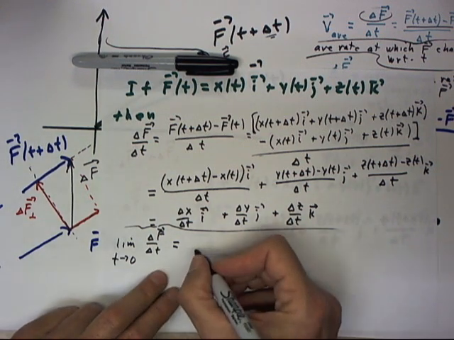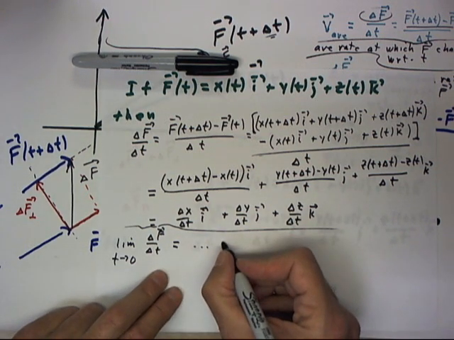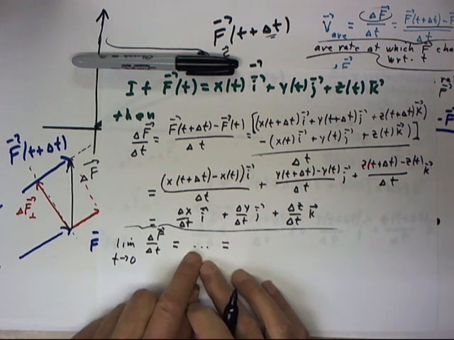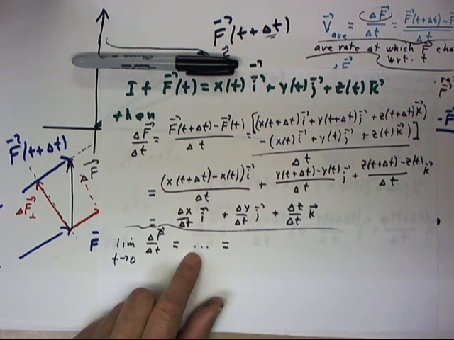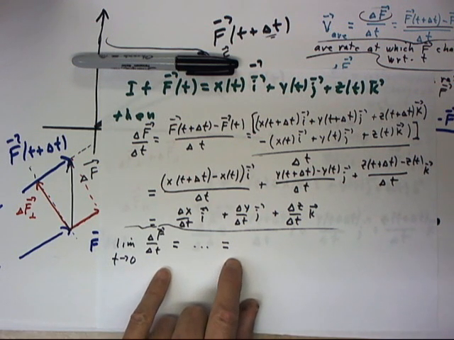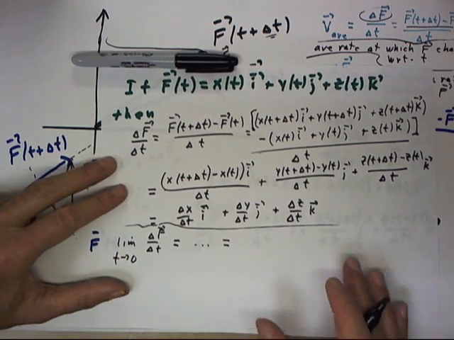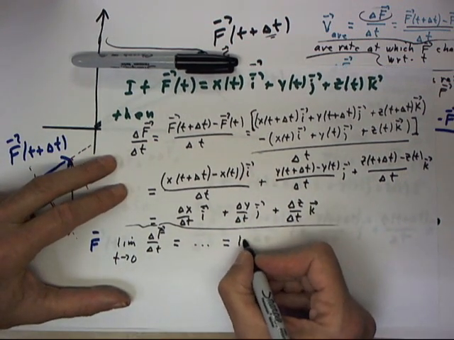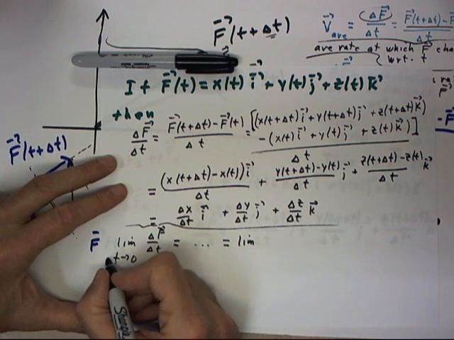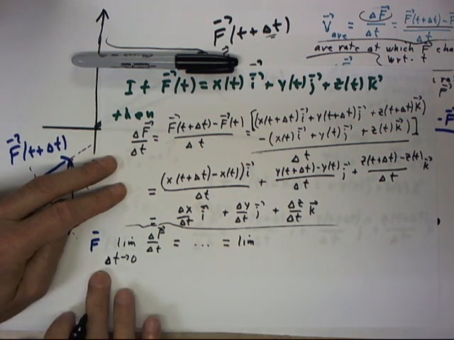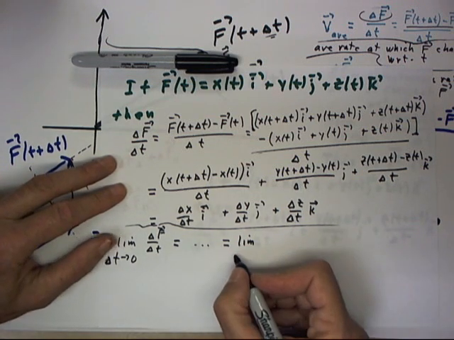now I'm going to put a few dots in here to indicate that there's something I'm leaving out that needs to be justified that we haven't talked about but that your text does talk about, if you're familiar with the property of limits. And this is delta t goes to 0, not t goes to 0.